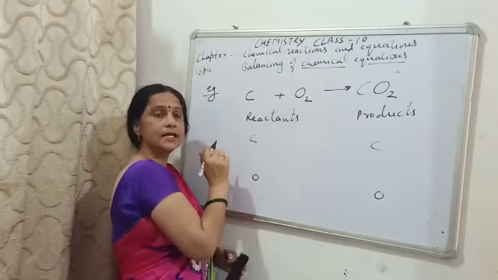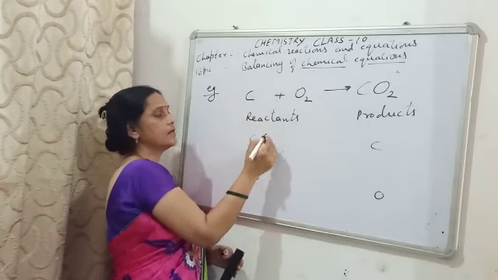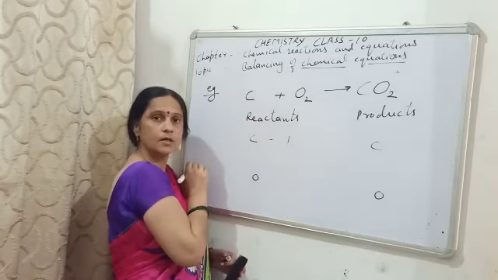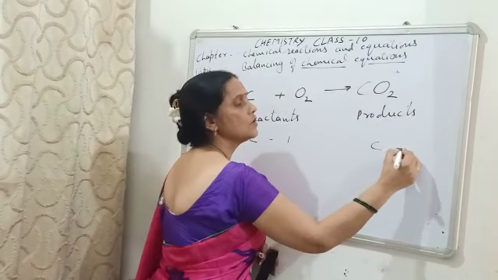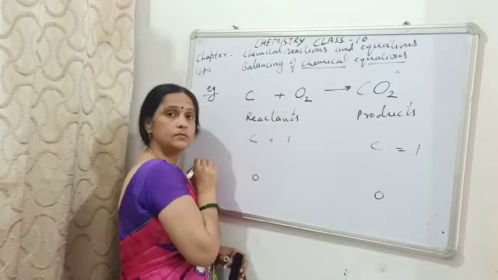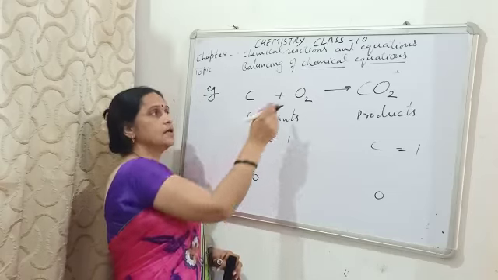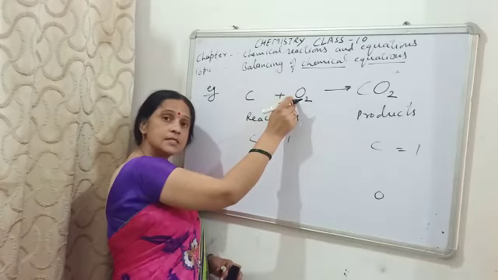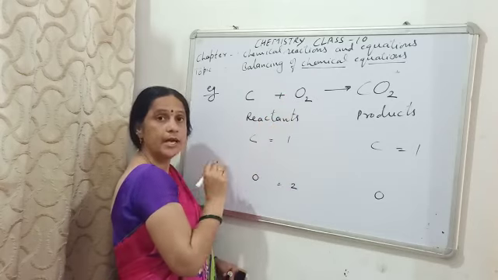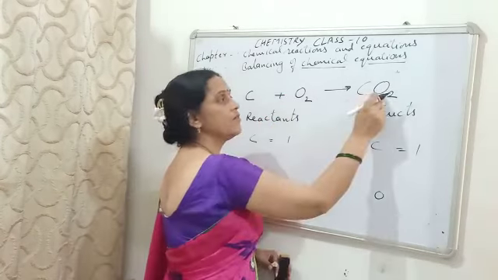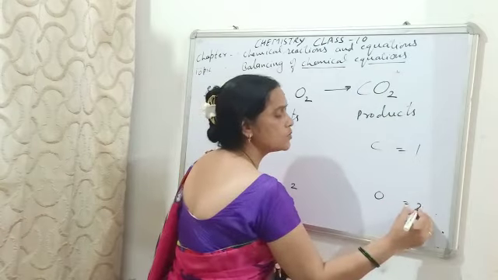On the reactant side, the number of atoms of carbon is 1. On the product side, the number of atoms of carbon is also 1. On the reactant side, the number of atoms of oxygen is 2, and on the product side, the number of atoms of oxygen is also 2.